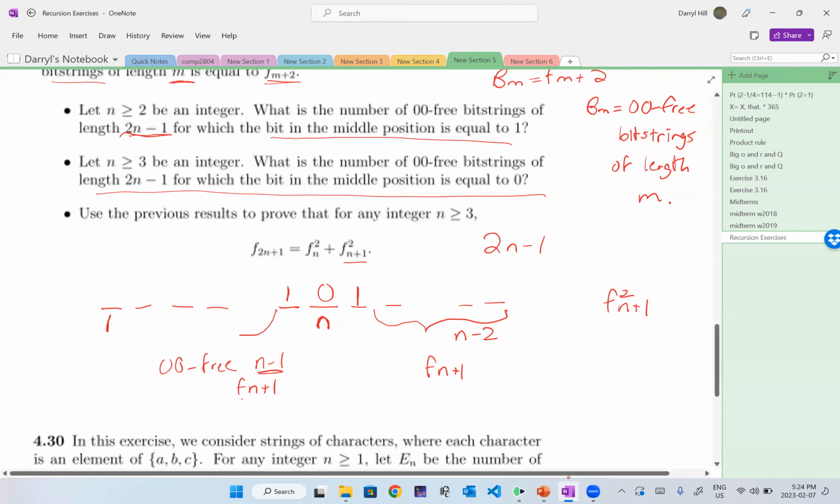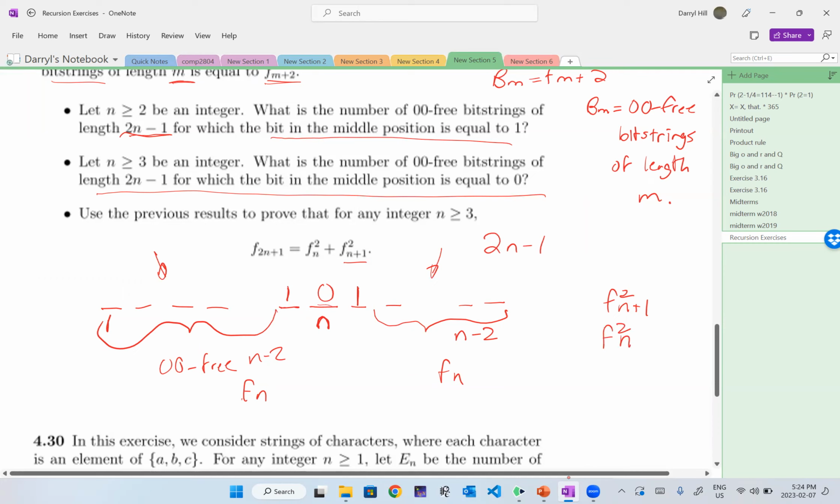And the length of this is also n minus 2. So now the number of possibilities here is the nth Fibonacci number. Again, this is a sequence of tasks, so I use the product rule. First, I choose a 00-free bit string of length n minus 2 here, and then I choose another one here. So this is f of n squared.